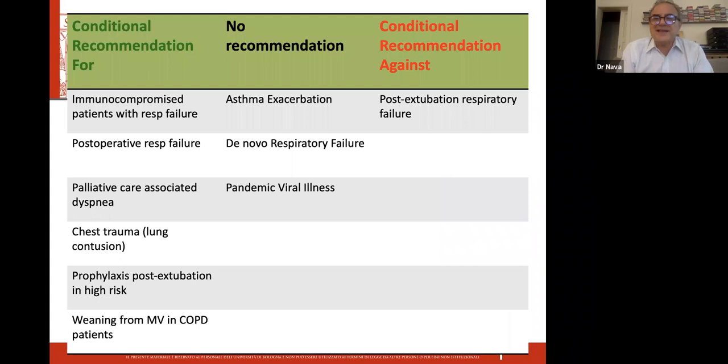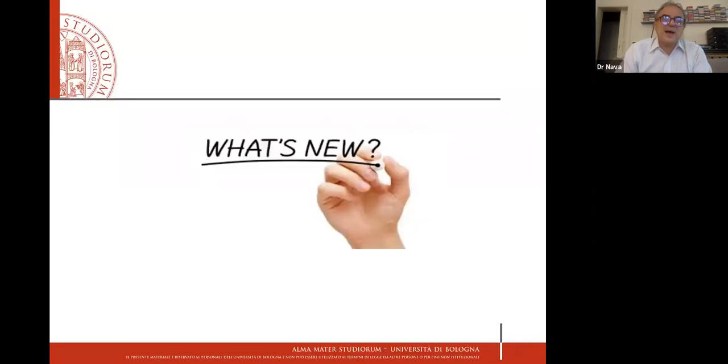Interestingly enough, on the right-hand side, we clearly evidence a conditional recommendation against the use of NIV in post-extubation respiratory failure. Conditional recommendation for at least 6 or 7 other kinds of conditions. No recommendation, we will come back later. Now we're going to deal with conditional recommendations.